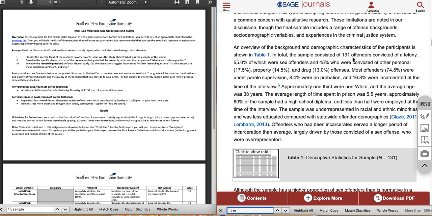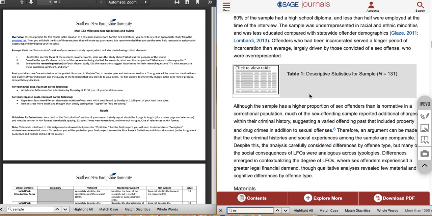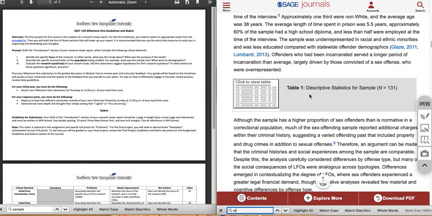The sample consisted of 131 offenders convicted of a felony, 55% of which were sex offenders. This gives information that's helpful, and you want to give all the details. In writing this final project, don't feel like you're ever giving too much, so you are fine to put it all in there.